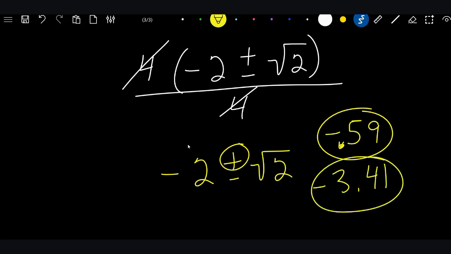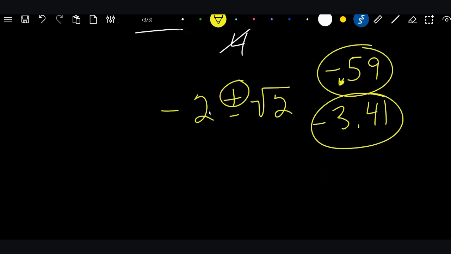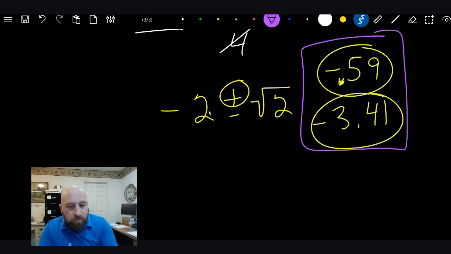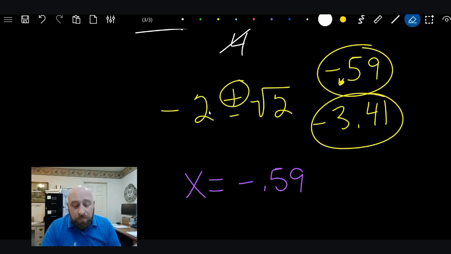Now, one thing that's interesting here, and I want you to know this going forward, is if I ever have to round off an answer, which is what I had to do there, I can't say x equals negative 0.59, because x does not equal that. X approximately equals that. We had to round off. X does not equal that exactly.